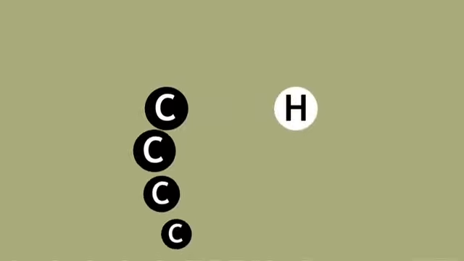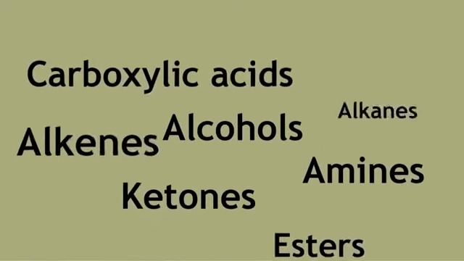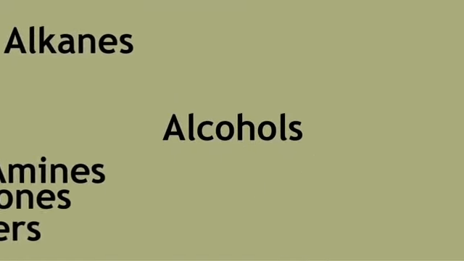As we have already discussed, hydrocarbons are molecules containing only carbon and hydrogen atoms. However, the study of organic chemistry includes any molecule with a carbon backbone. Functional groups are groups of atoms which give molecules similar properties. There are many different functional groups. You may have heard of the alcohol group.